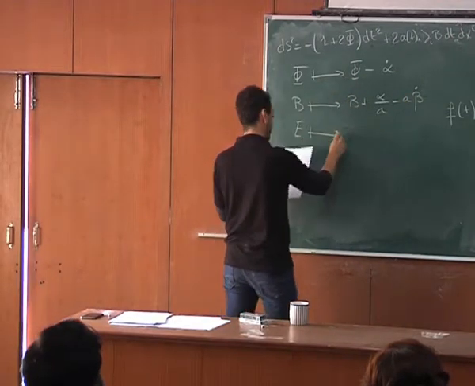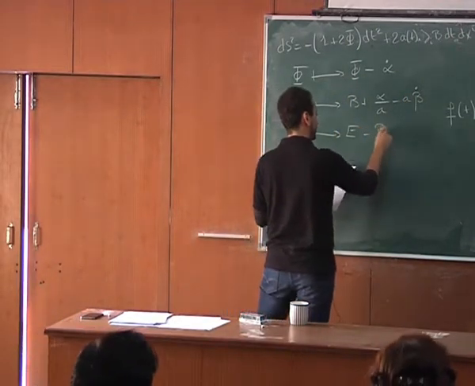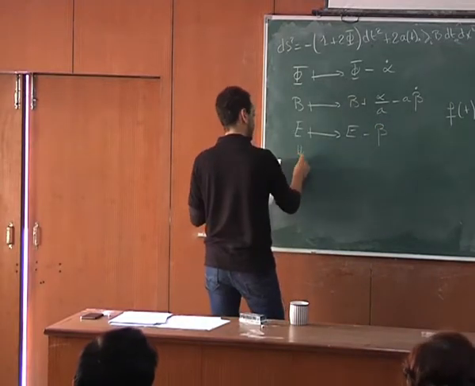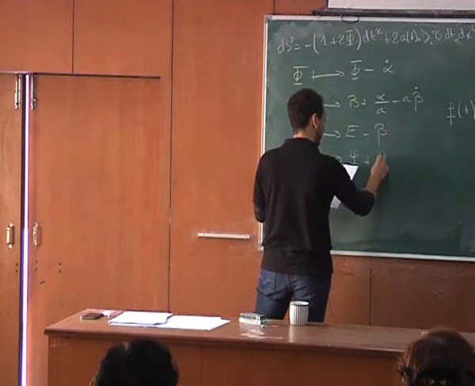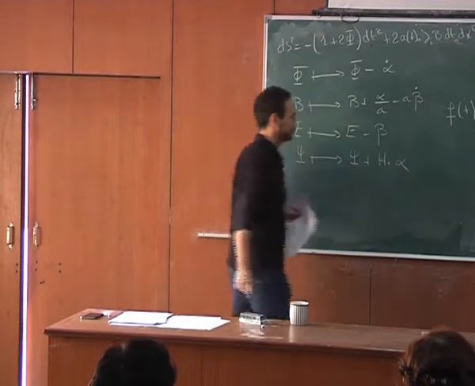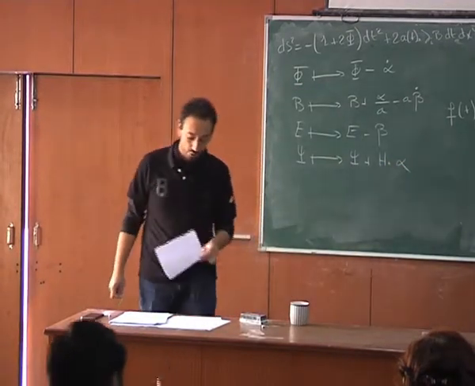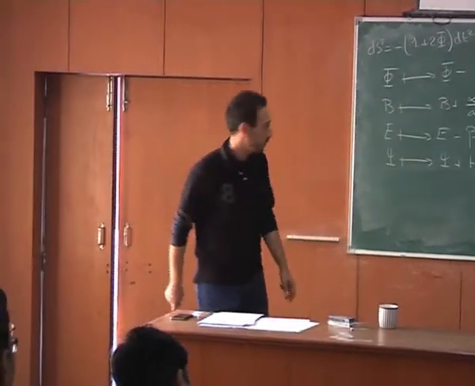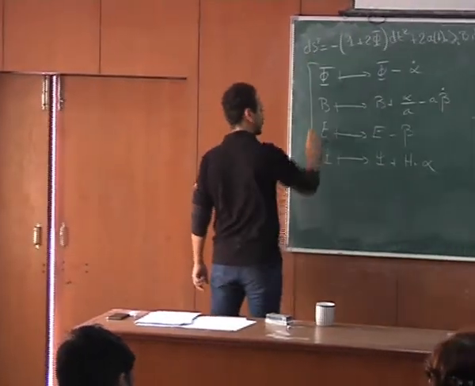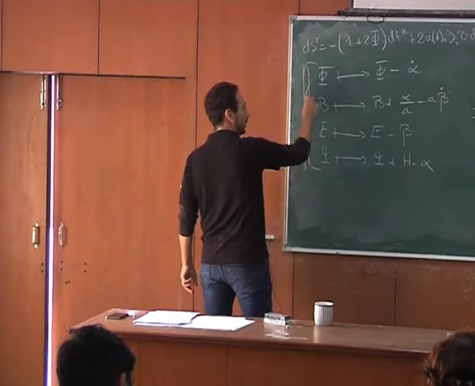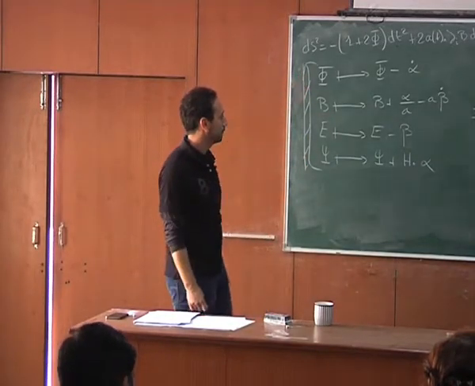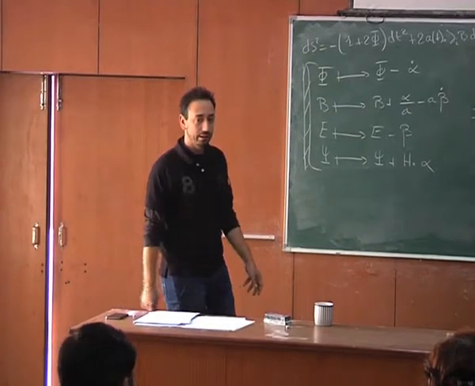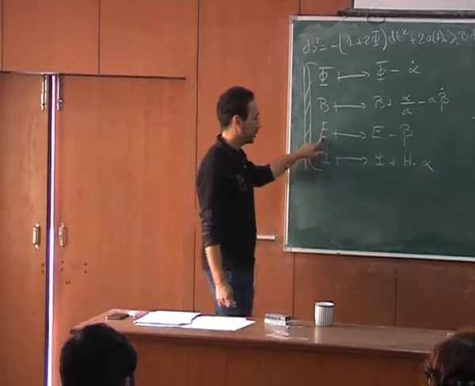E changes into E minus beta, and psi changes into psi plus H times alpha. So this is how the scalar quantities in the metric get transformed under a transformation of coordinates.